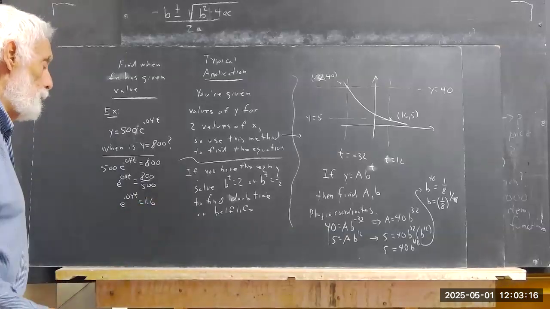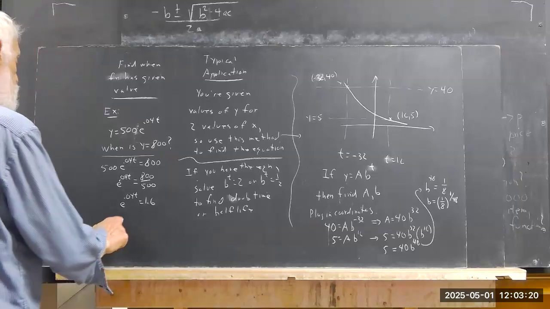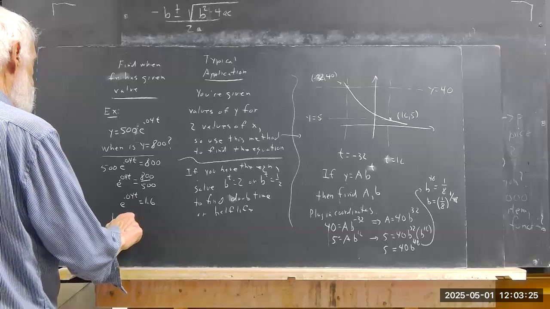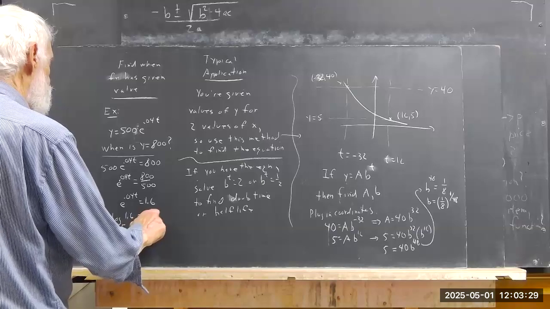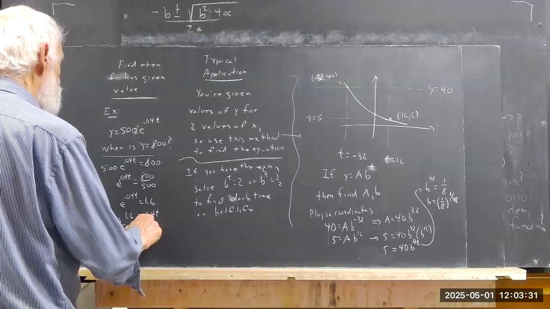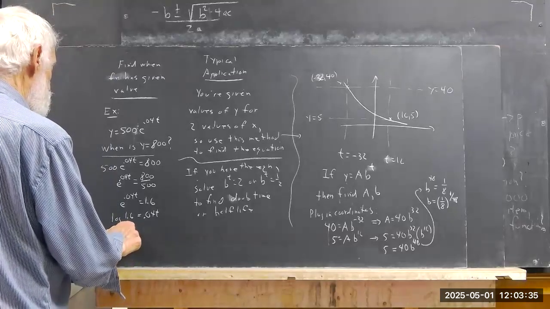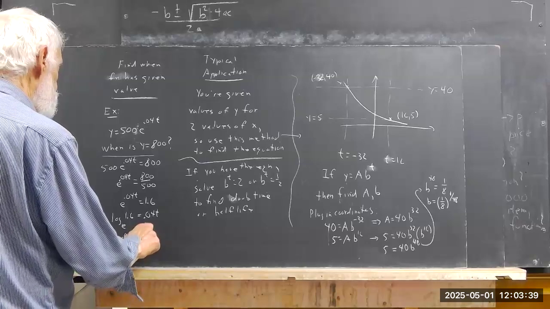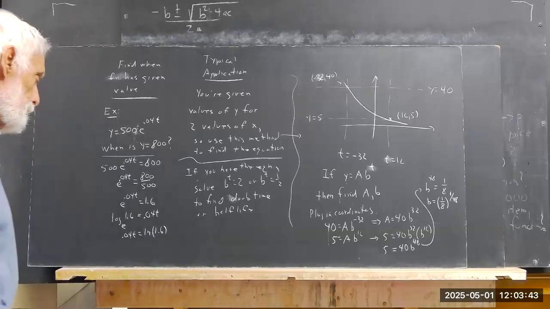0.04t equals 1.6. Okay, so log base e of 1.6 equals 0.04t, or 0.04t equals the natural log of 1.6.